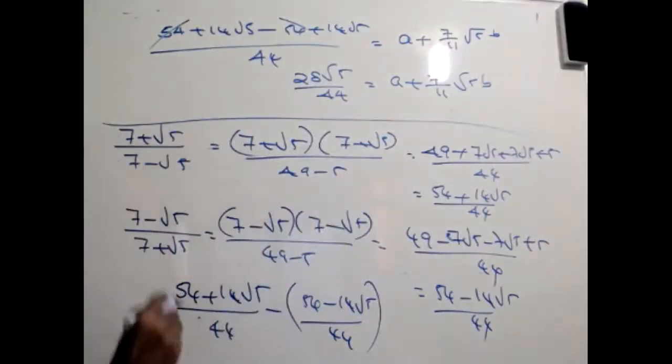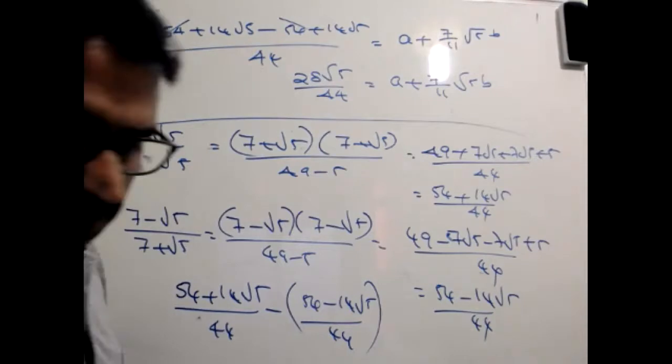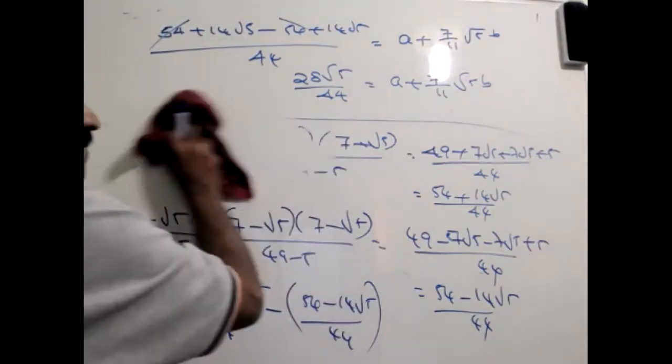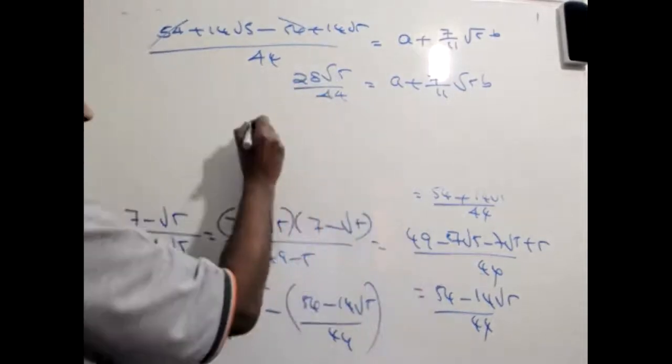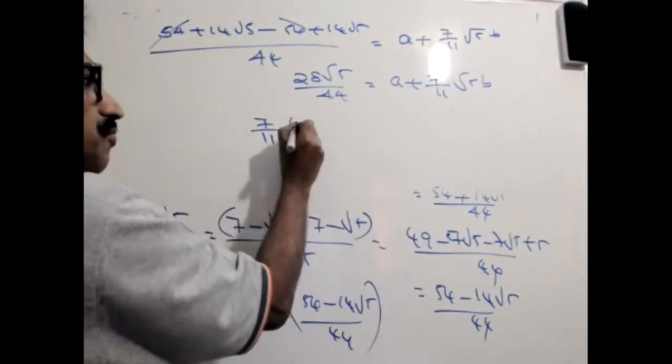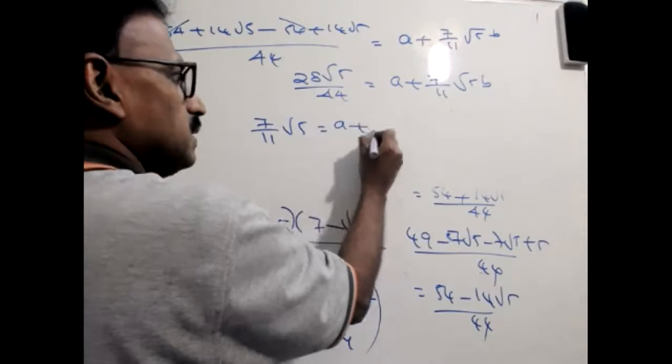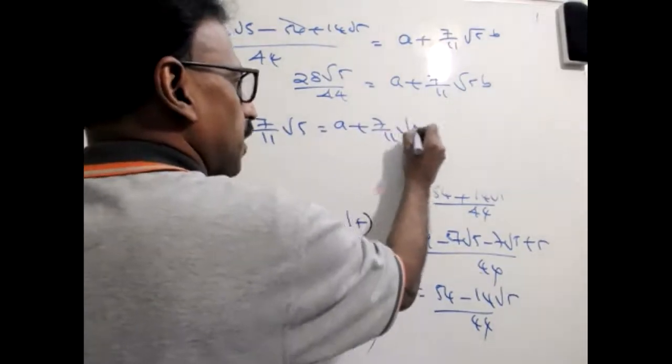What you got? 7 by 11 root 5 equal to A plus 7 by 11 root 5 B.